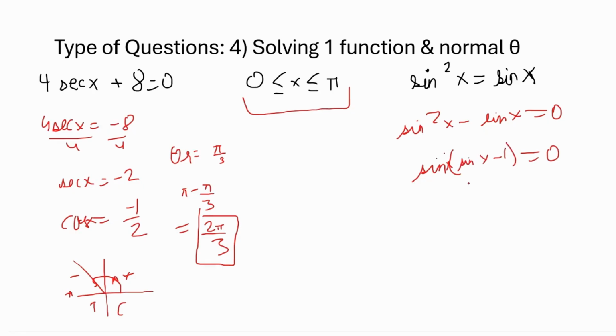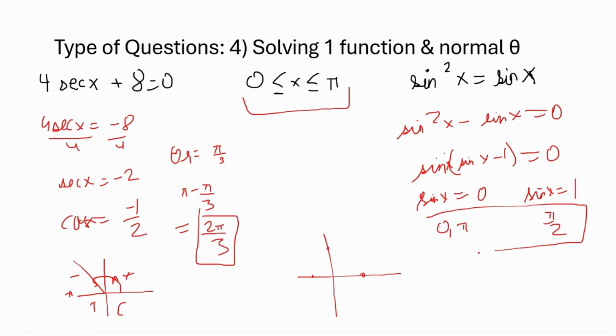So sine x equals 0 and sine x also equals 1. So again, in this interval, it equals 0 at 0 and pi, and it equals 1 at pi by 2. So those are our answers.